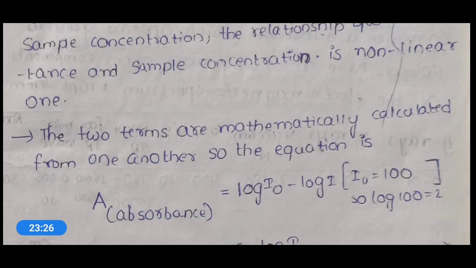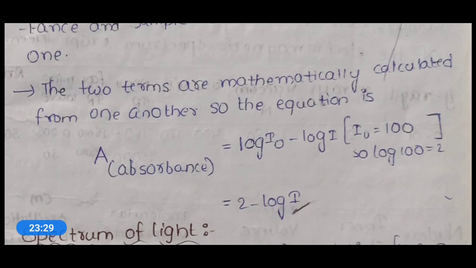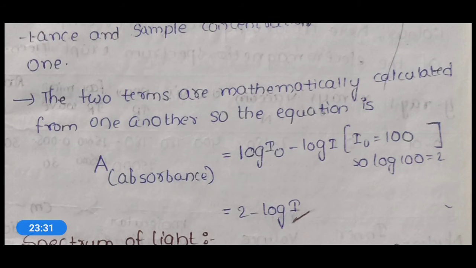The two terms are mathematically calculated from one another by the equation: absorbance A is equal to log I naught minus log I, where I naught is equal to 100.